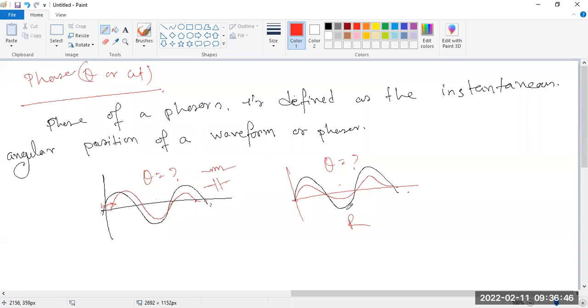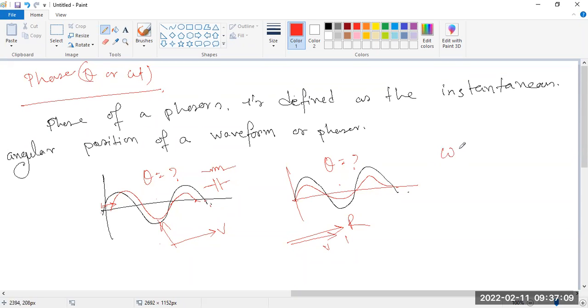In an only resistive circuit there is no phase difference. But with inductance and capacitance, the voltage and current have some difference. So this is the phase difference.